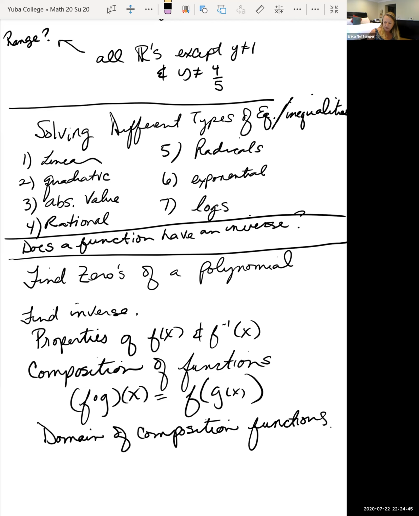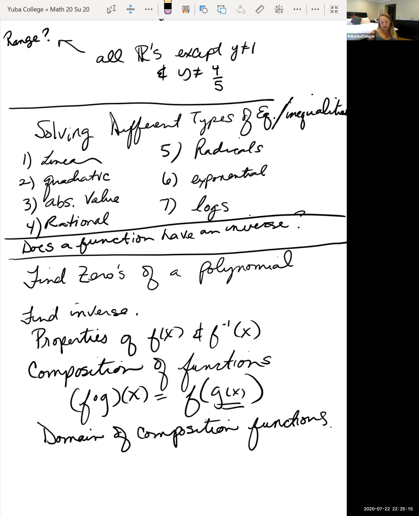So this was where it was a little trickier. You had to be careful first, because when you're plugging in values for x, you're plugging it into the inner function g of x. So first you had to worry about what is the domain of g of x. We had to exclude anything that gave us trouble spots. Then we had to look at the domain of f of x. But with the domain of f of x, it was the y values we were getting back from g of x that we were plugging in here.